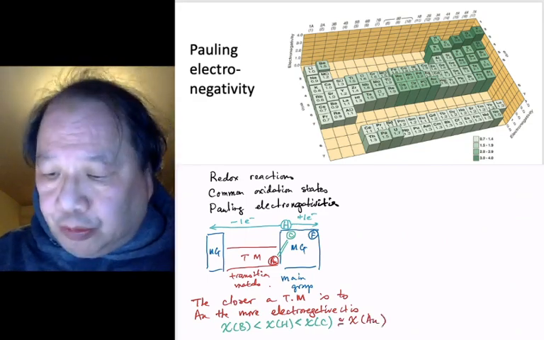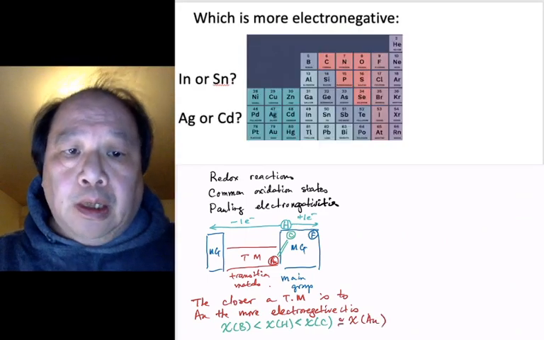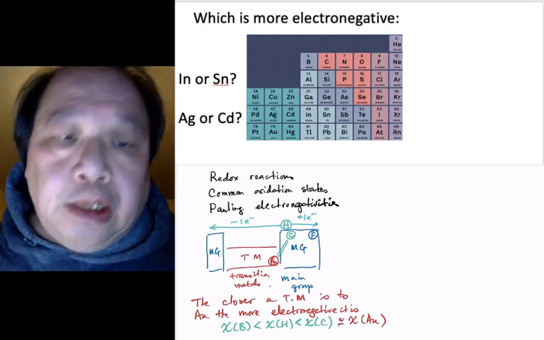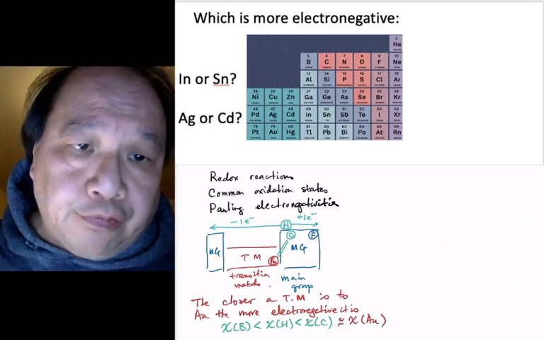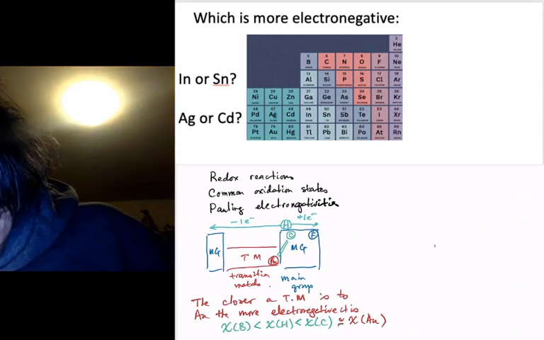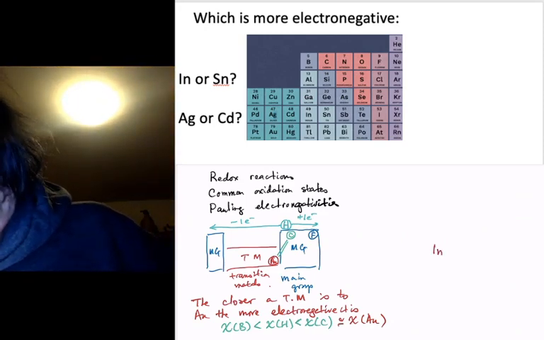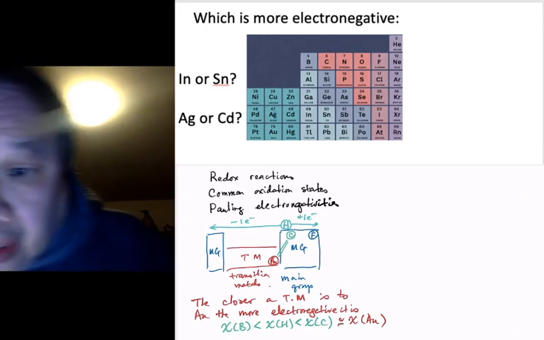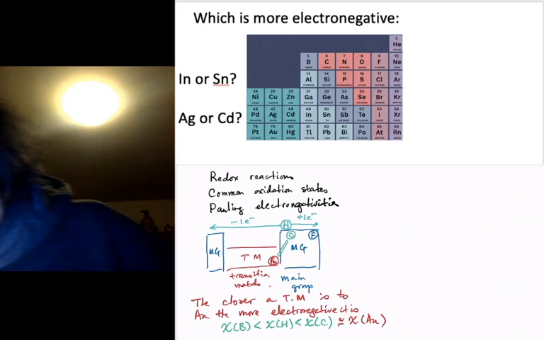Okay, let's answer some questions. Indium or tin, which is more electronegative? Well, they are main group elements, so you have to find them. They are elements 49 and 50.